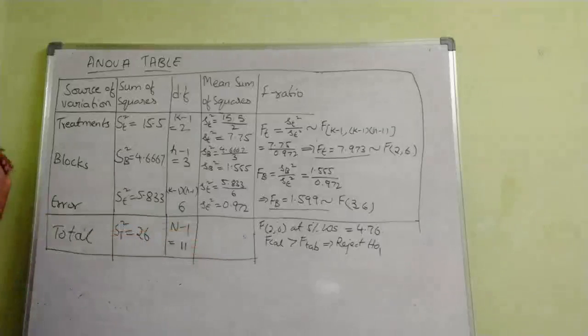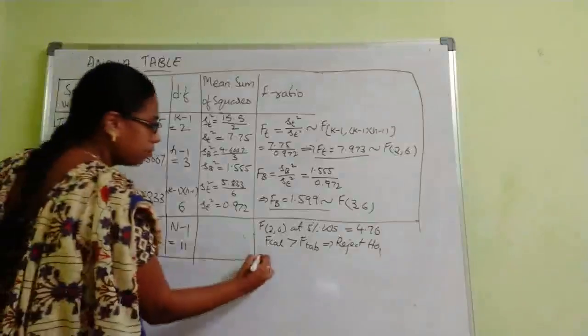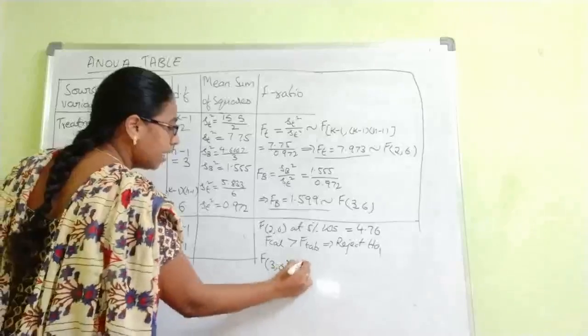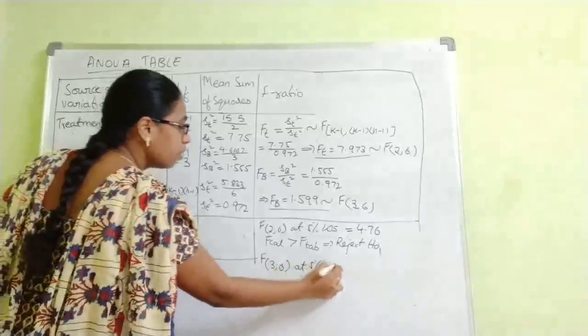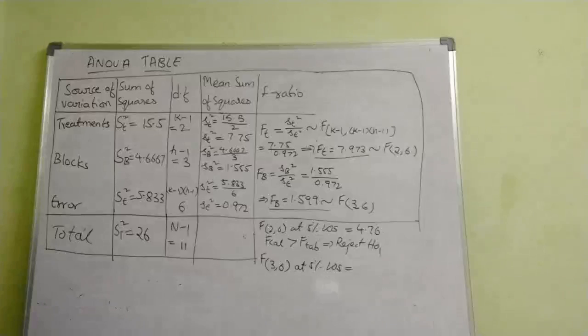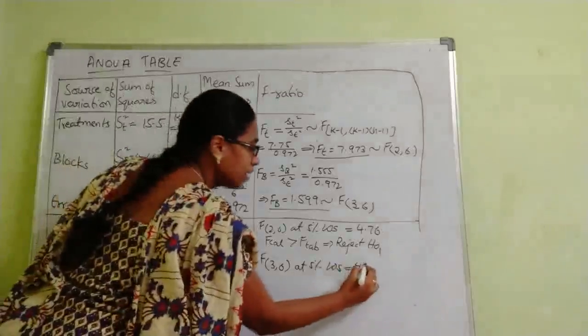Next, the F table value at 3,6 degrees of freedom, F 3,6 at 5% level of significance, is 4.76.